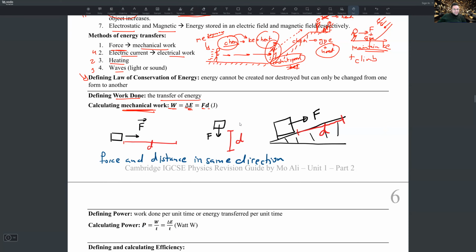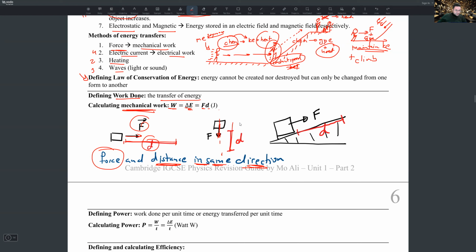So E equals FD, or work equals FD. Force times distance. But which distance? The distance in the same direction of the force. So if you're pushing an object forward and it moves a distance forward, then force times distance must be in the same direction. If the motion is vertical, then force and distance are both vertical.